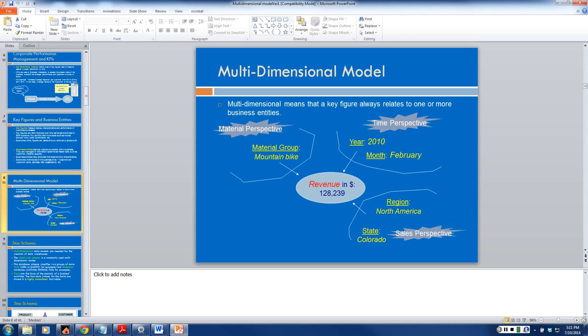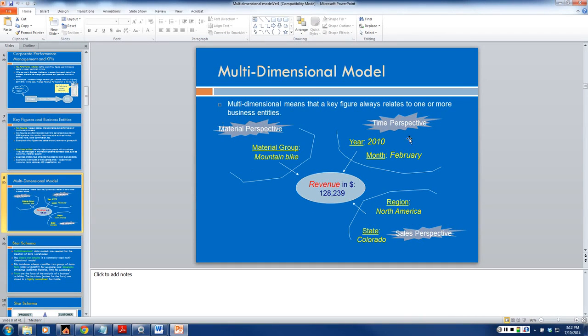So if we say that under the material group mountain bike, revenue is 128239, then we're talking about one dimension, which is about material. If we say that 128239 is the sales in the month of February for the year 2010, then we're talking of the time dimension. If we say 128239 sales for the state of Colorado in North America, then we are talking of another dimension. So the same number can have different perspectives and therefore can have multiple dimensions.